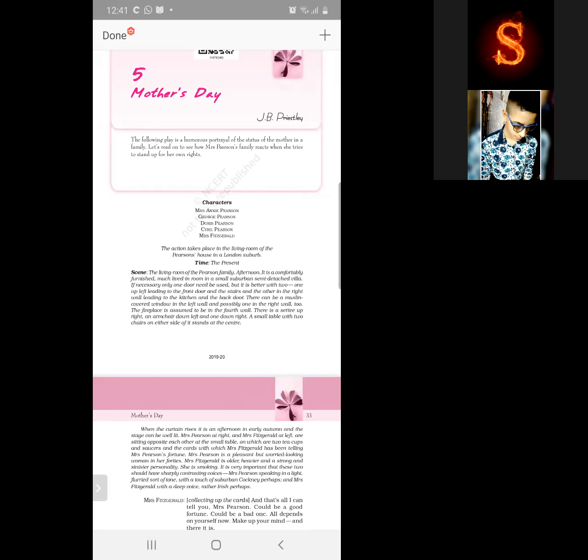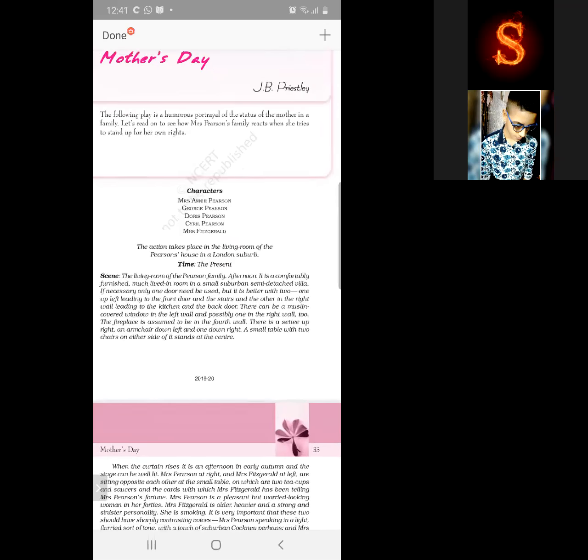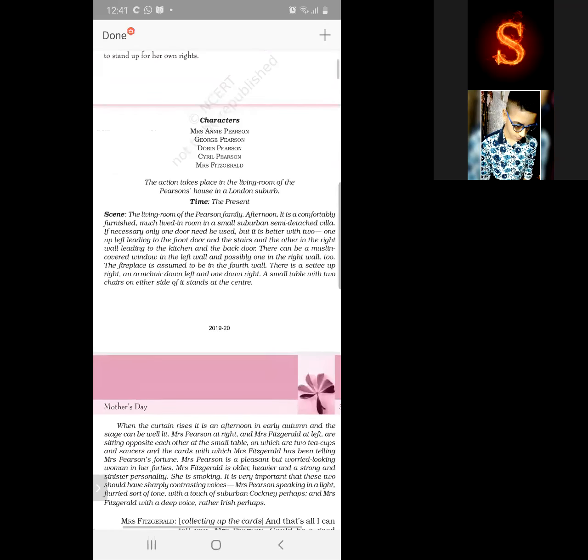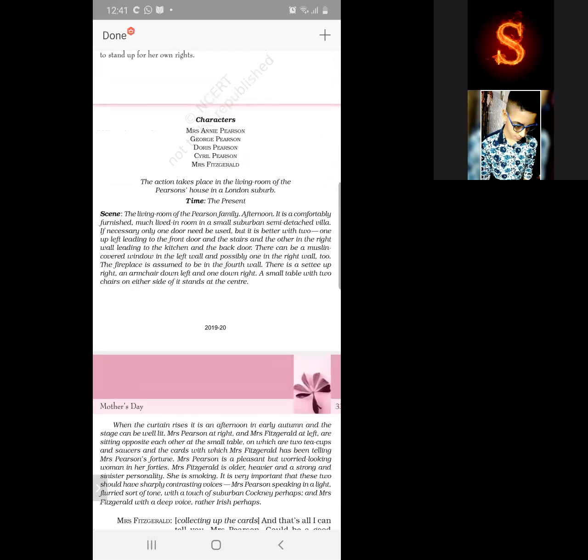Now, the scene is the living room of the Pearson family. Afternoon, it's a comfortably furnished, much lived-in room in a small suburban semi-detached villa. If necessary, only one door need be used, but it's better with two. One up left leading to the front door and the stairs, and the other in the right wall leading to the kitchen and the back door. So the setup is of the Pearsons' house.